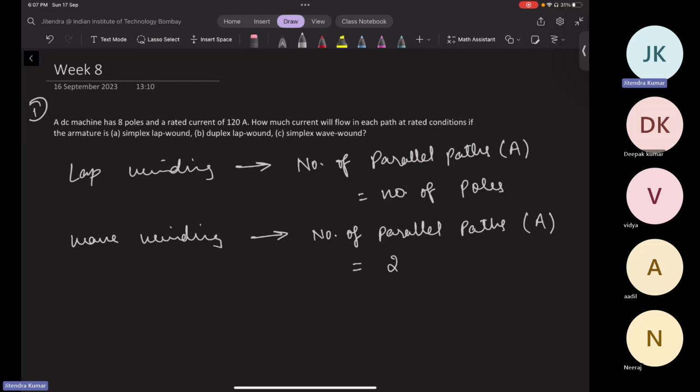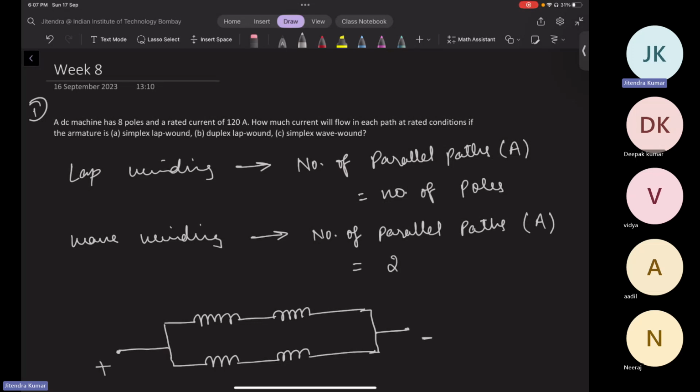Let us suppose you have two parallel paths with two coils each. These are your terminals.